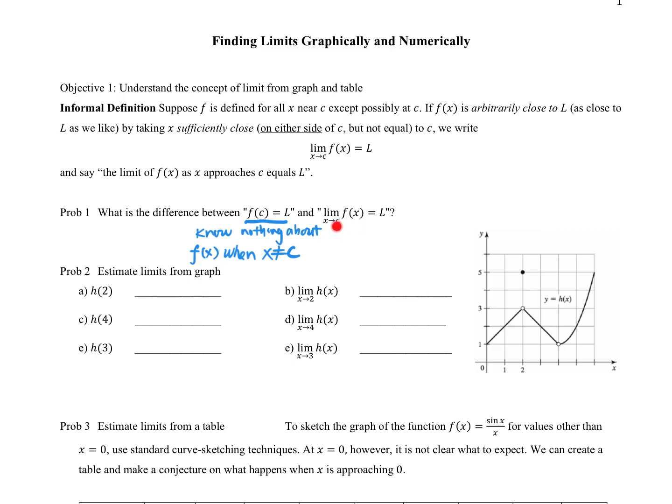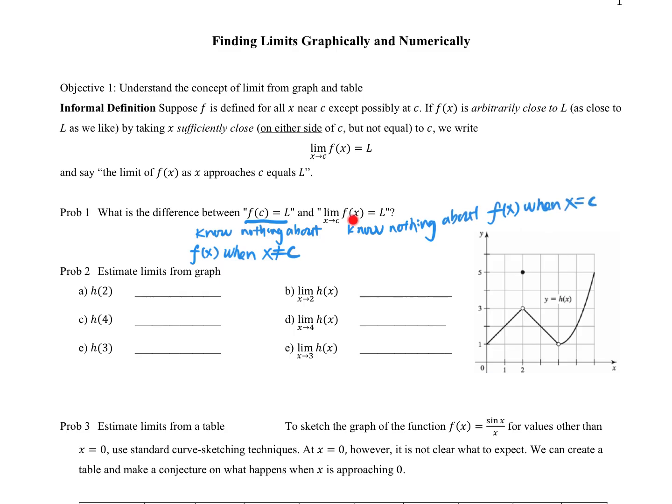And the second one, the limit, is telling you the behavior of f when x is approaching a specific x value c. The function, the y values, are approaching a specific number L. You have no knowledge about what f is when x is equal to c.